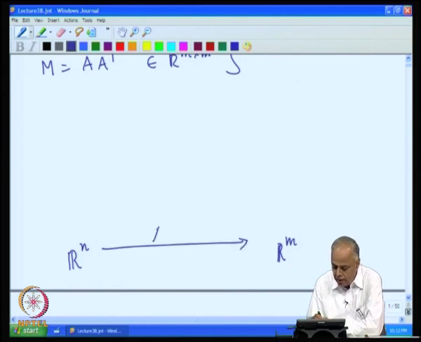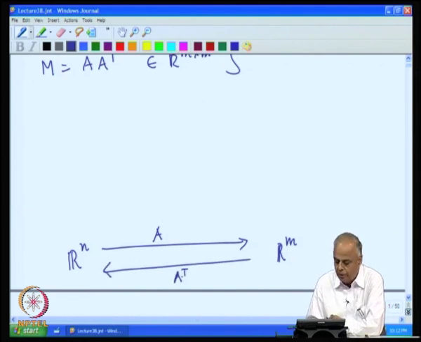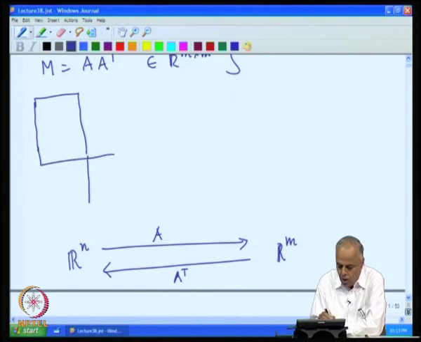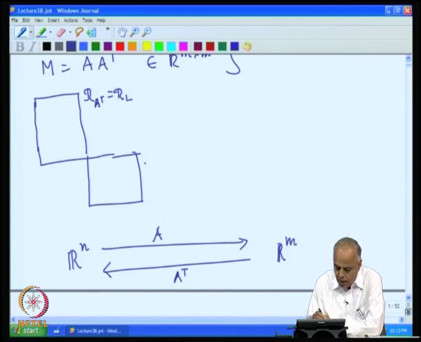A takes n component vectors to m component vectors, A transpose takes m component vectors to n component vectors, and we had the decomposition of R n as 2 orthogonal complements: range of A transpose, which was the same as range of L, and the null space of A, which was the same as null space of L.